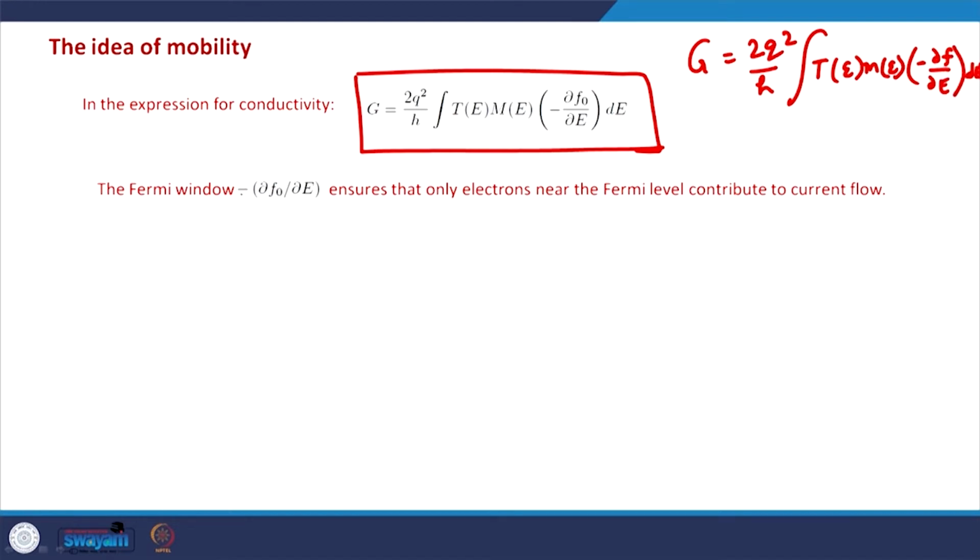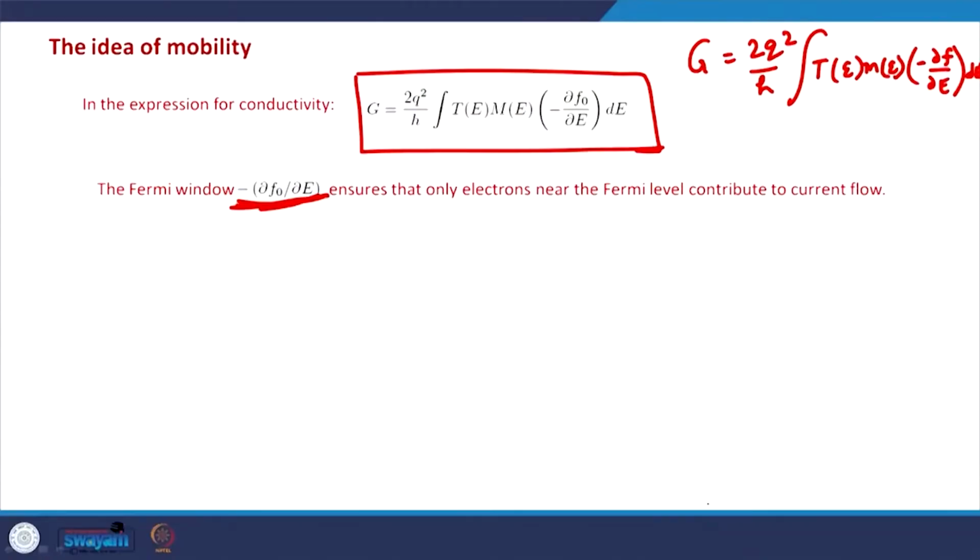And just to remind you that this term, minus del F by del E, ensures that only electrons near the Fermi level contribute to the current flow in our treatment. And generally for non-degenerate semiconductors, the electrons in the Fermi window are almost all the conducting electrons available in the material.